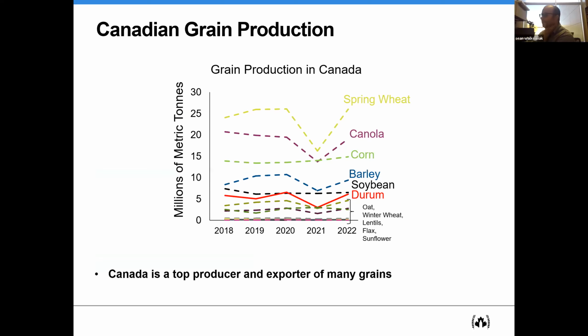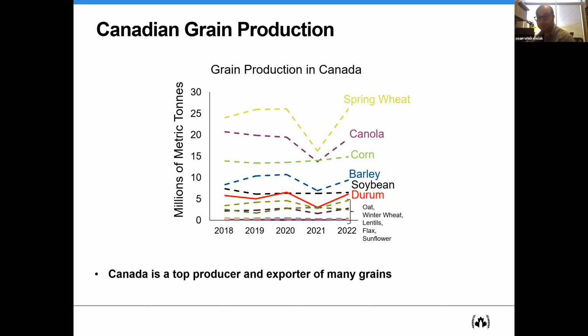And if you look at production of some of the grains in Canada, we produce over 30 million metric tons of wheat every year. We almost have 30 million people in Canada. It'd be like if every person ate a metric ton of grain every year. It's just absolutely massive, and there's no way that any individual could eat a metric ton of grain.